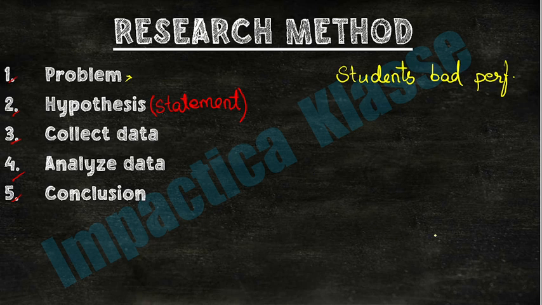So in the hypothesis you can say, students are performing badly in their exams because they are weak in math. You have made the hypothesis that they are weak in the subject mathematics. So this is your hypothesis.